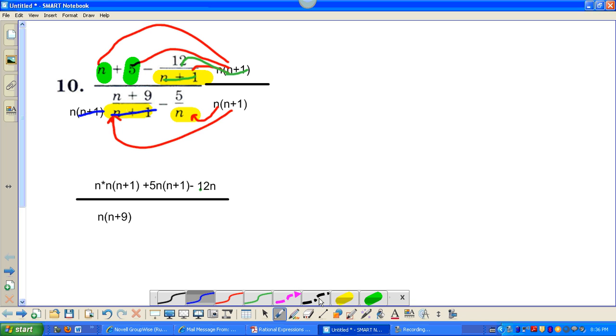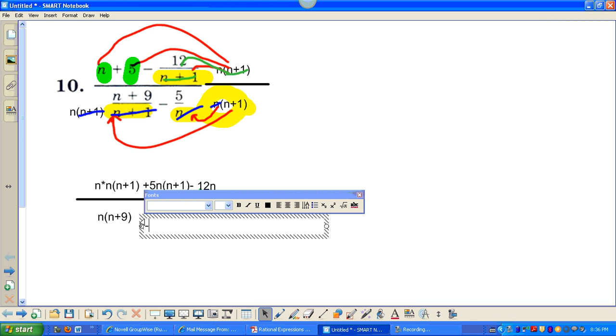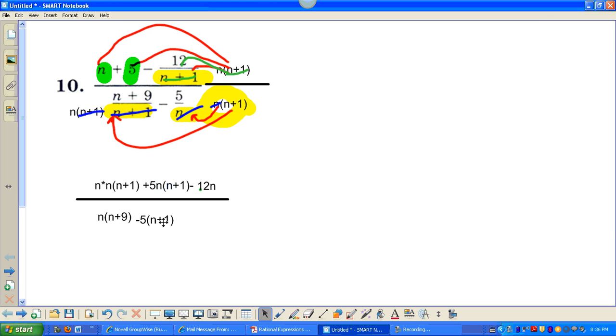When you multiply it to the second term, the n's are going to be my common factor, and I am left with minus 5 times n plus 1. So what you have left to do is some distribution property and some combining of like terms.